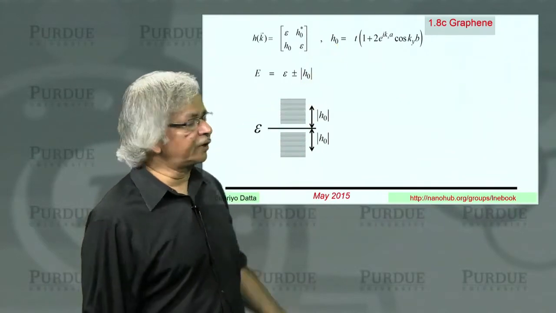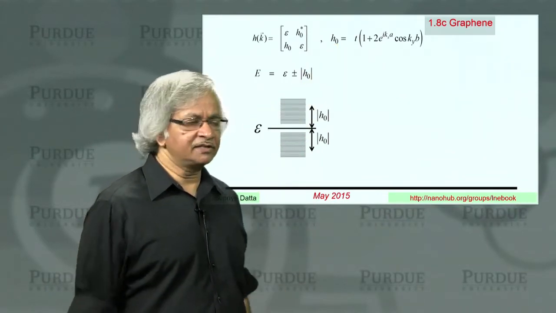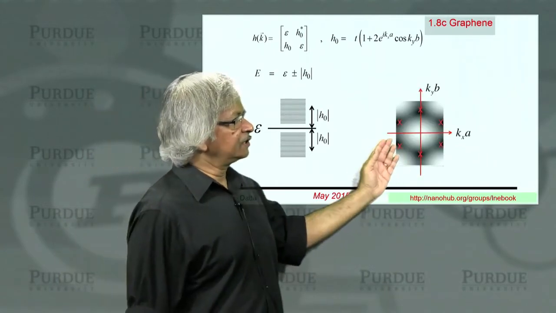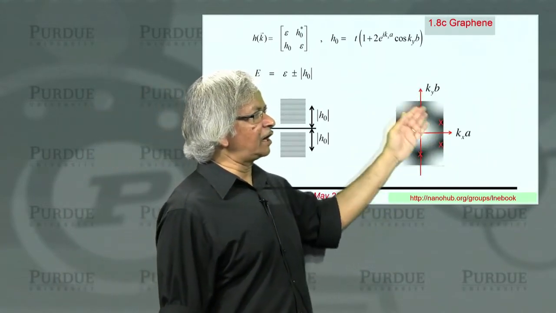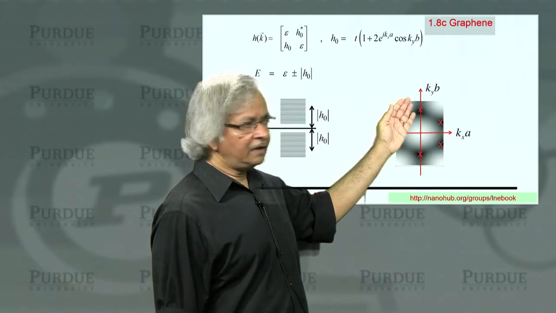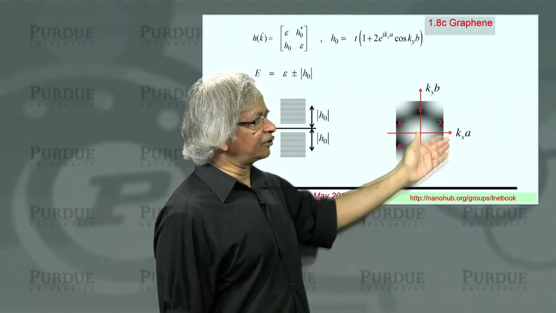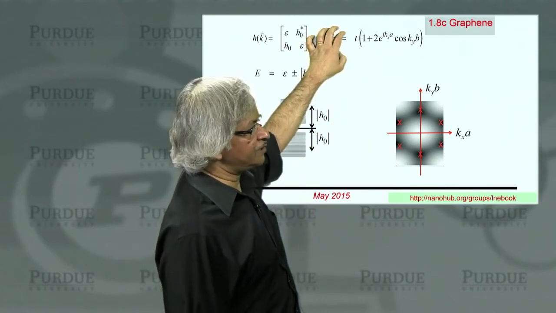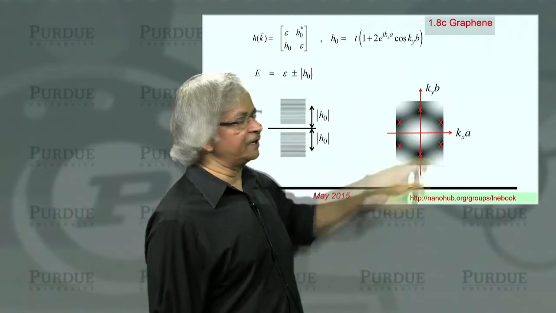So how do you locate the zeros of H0? Well, you could do it numerically, which is what we have done here. This is the kx, ky plane, and what we have done is what you might call a grayscale plot. That is, we have plotted the magnitude of H0 at different points in k.